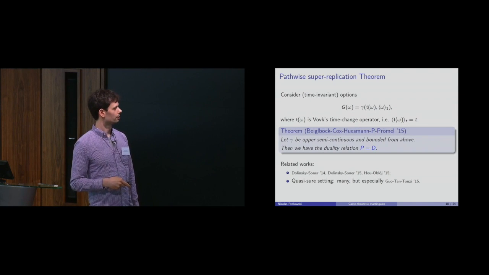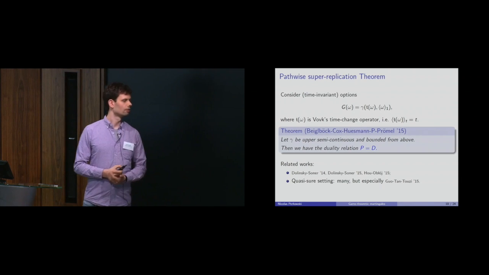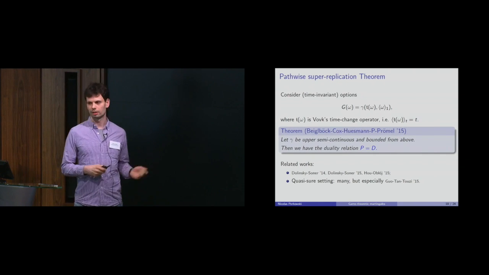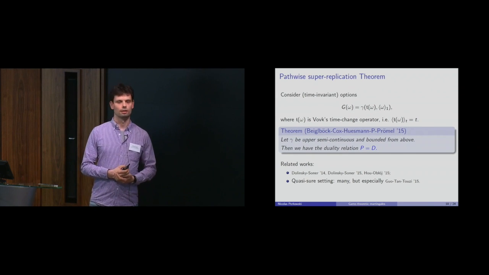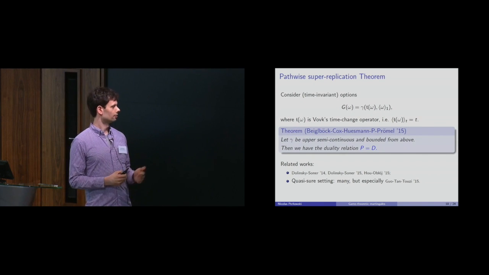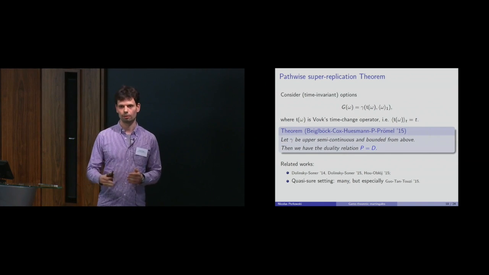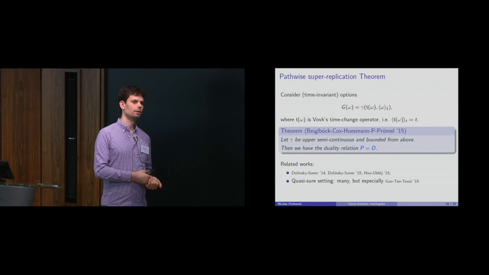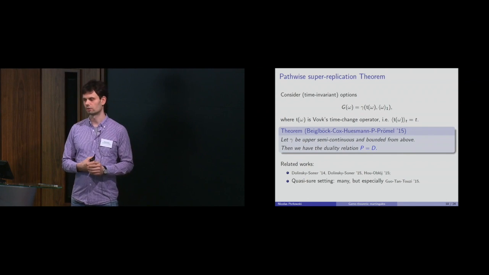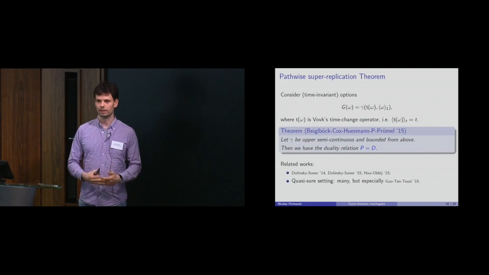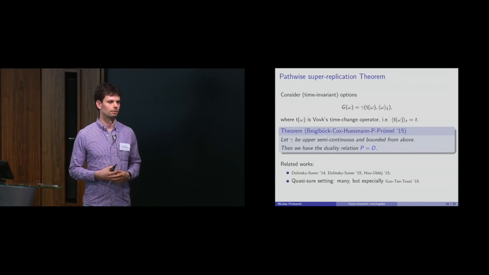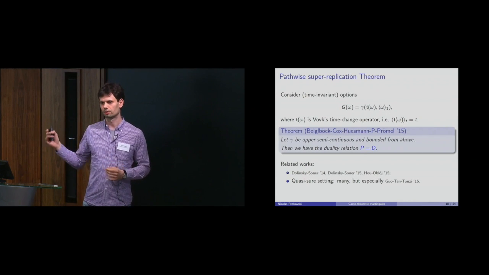And so related works are the works by Dolinsky and Soner that I already mentioned, and then there's work by Hou and Obloj where they generalize Dolinsky-Soner. This is in the model-free setting, so really in the omega by omega setting. What you can also do is quasi-sure analysis. So you don't say, I want to do this for all omega, but I want to do it quasi-surely under all martingale measures. And so this is something different conceptually.